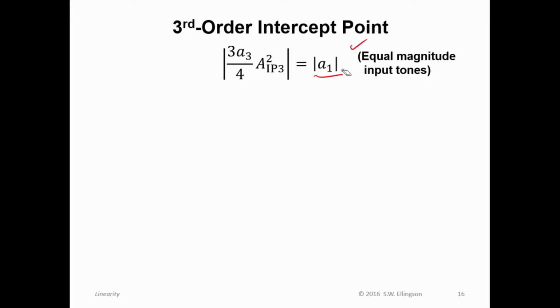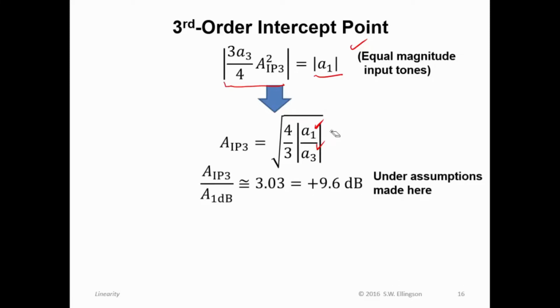Here's linear gain. Here is the magnitude of a third order intermodulation product. And we can solve for that value of the input. It is simply the square root of 4/3 times the magnitude of the ratio A1 over A3. So again, we see that the third order intercept point increases with A1, with linear gain, and decreases with A3. Should not be surprising to you. It does not depend on A2.